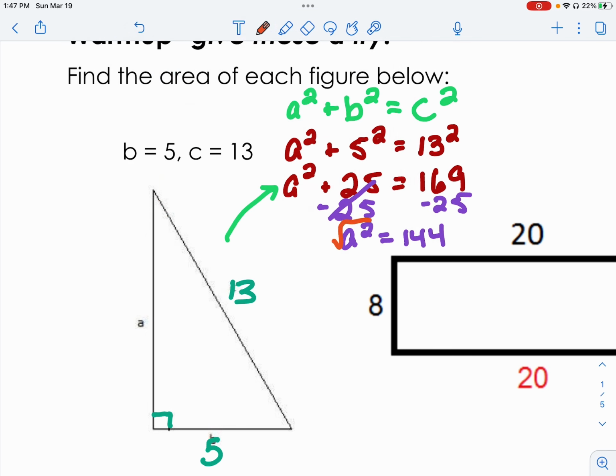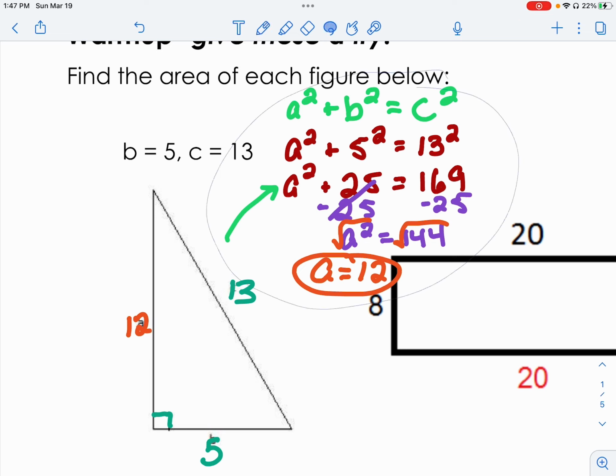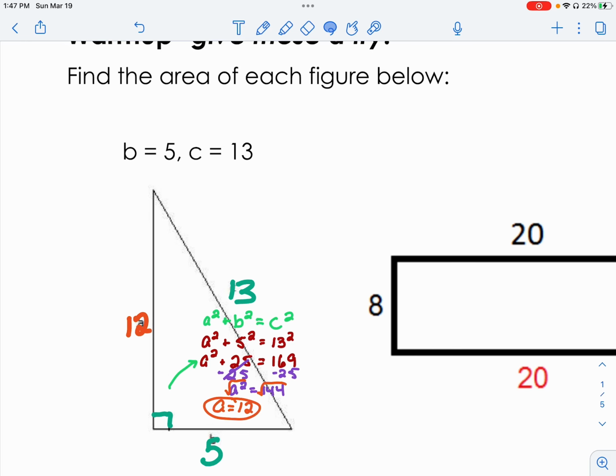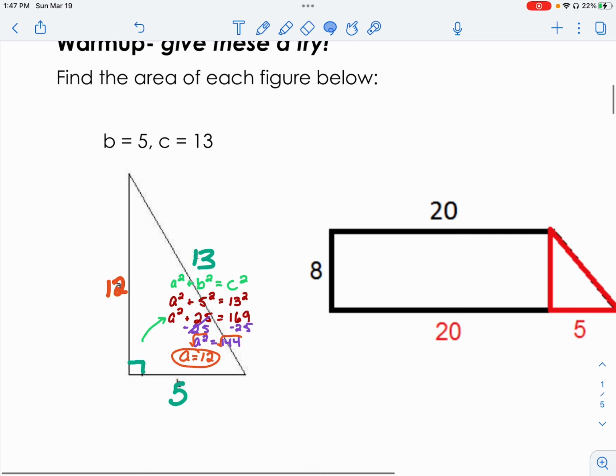Remember, to undo a square, you must square root. So in our case, a equals 12. So that is using the Pythagorean theorem. I'm going to go ahead and cut this out of the way and shrink it down to right there so I can move on working with our next problem.